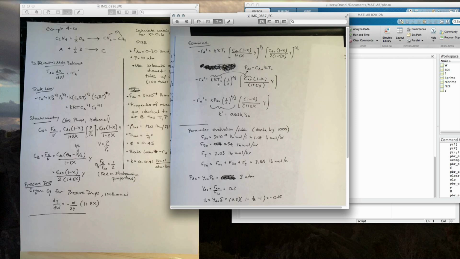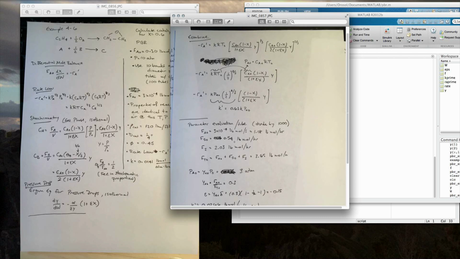We know that R T naught multiplied by CA naught is equal to PA naught. So then you can plug that in, so you get K PA naught multiplied by 1/2 to the 2/3, and then you can define this. They just defined a K prime, which was 1/2 to the 2/3, or 0.63, multiplied by K PA naught.